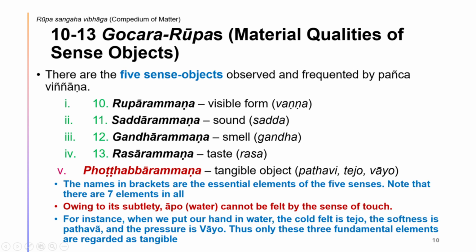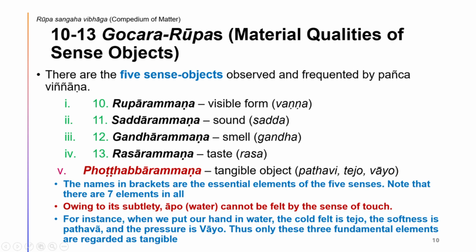And then what your book says is that what is felt by the sense of touch is called Photthabba Rupa, which supports the body consciousness, the Kaya Vinnana. When an object touches the body, what actually contacts us is one characteristic of 3 great essentials: Pathavi, Tejo, and Vayu. The earth element, we experience as hard or soft.